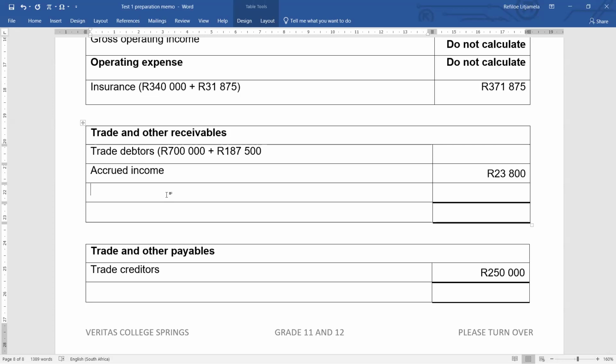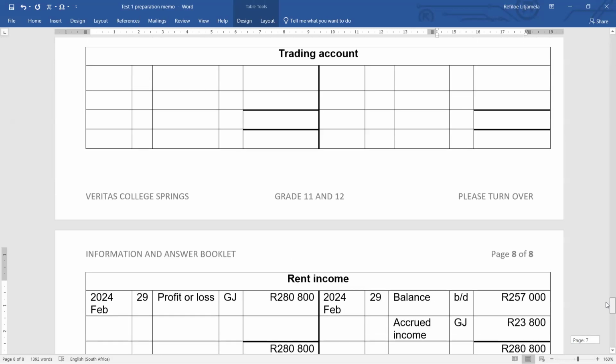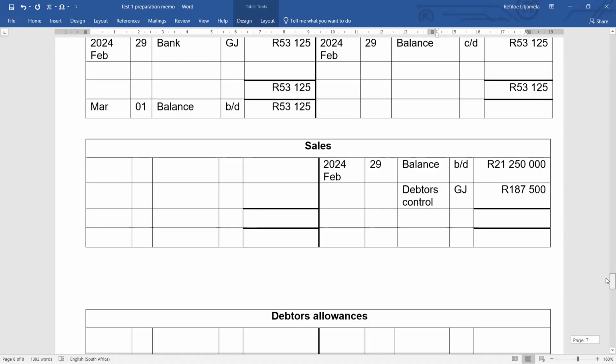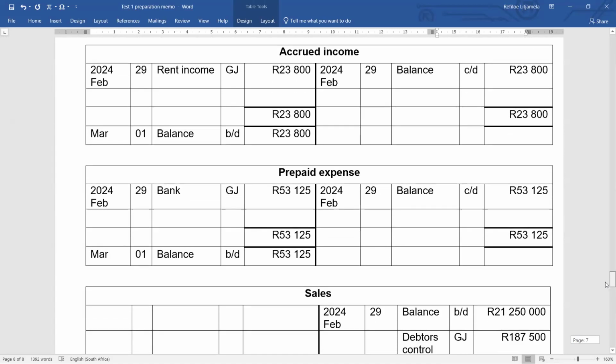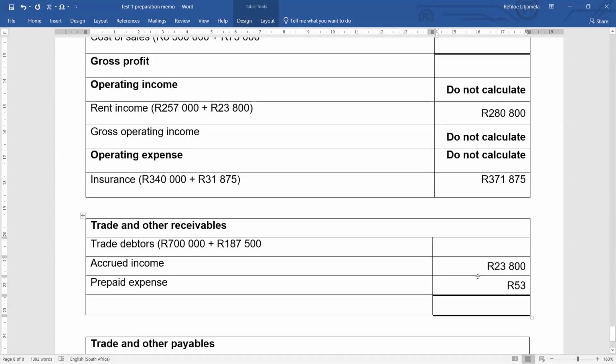The one that falls outside the financial year, I am going to write here as prepaid expense. It was 53,125. That's what I'm going to write here, and then get my total for trade and other receivables.